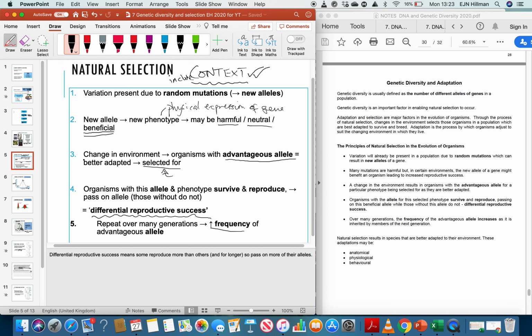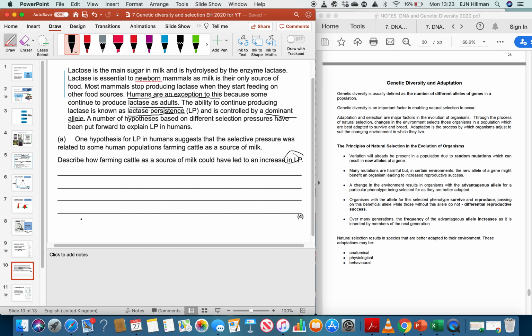The change in the environment here is the farming practices. Okay, so populations farming cattle and essentially agriculture is that change in the environment, and those populations where farming cattle and milking cattle, it would be advantageous to have the alleles for lactase persistence.